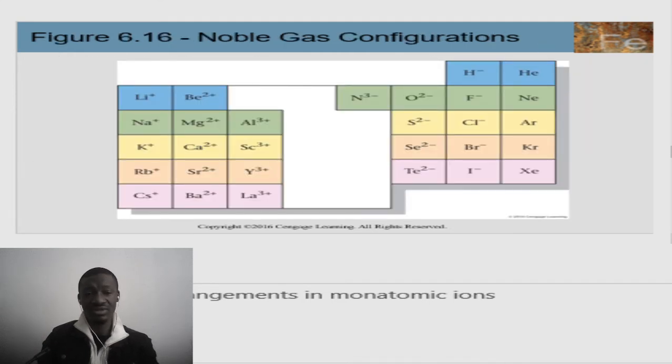So we see the noble gases, and then we see the other ions that we have here. So you have lithium, you see the +1s, you have the other group 2, beryllium, magnesium, see the +2s, and then you have some transition metals here, and then you have the others in the negative, and then you have your noble gases.